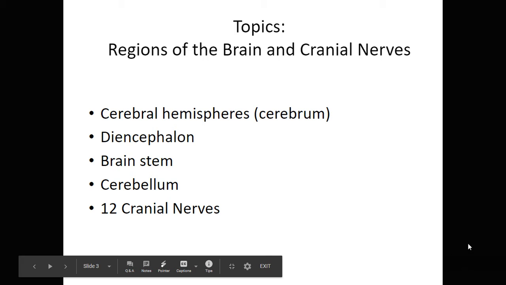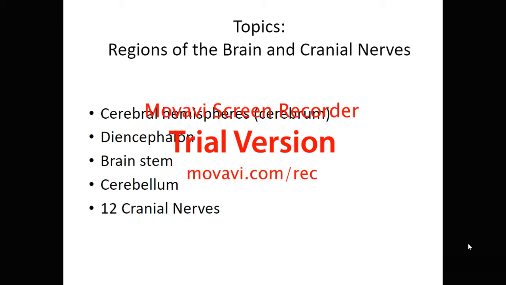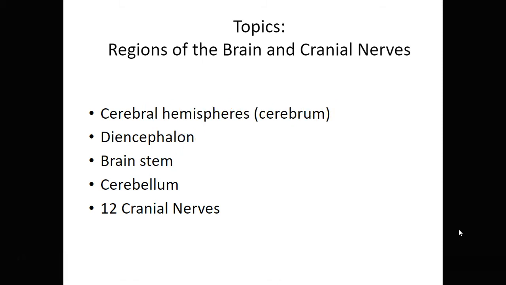The cerebral hemisphere is divided into four lobes: the frontal, parietal, temporal, and occipital lobes. The diencephalon consists of the thalamus, hypothalamus, and epithalamus.